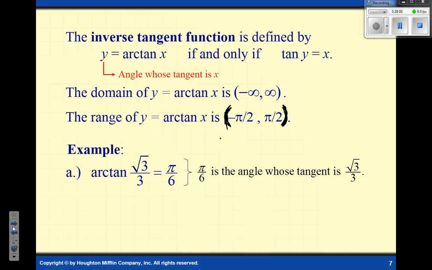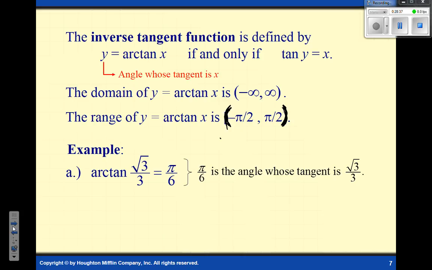Good. So here's the difference. This is interval notation, and when I use brackets, that means that I'm including those numbers in the brackets, and when I use parentheses, it means that I'm not including those numbers. So, since the domain of the tangent function was restricted, remember, negative pi over 2, positive pi over 2, we had asymptotes.